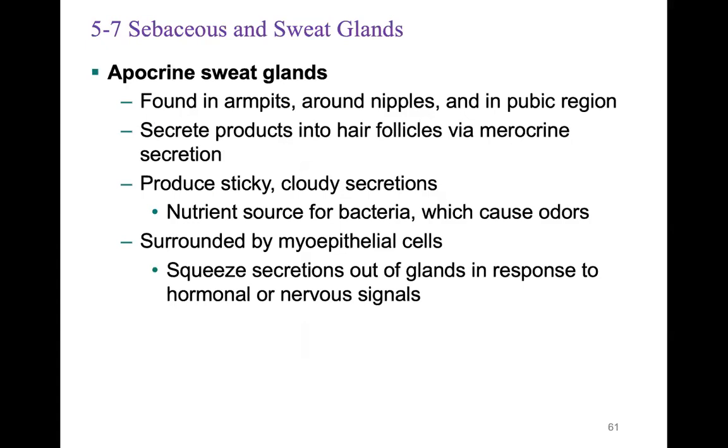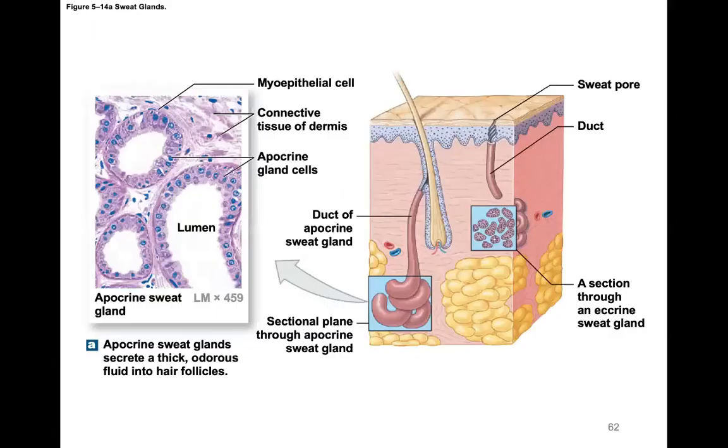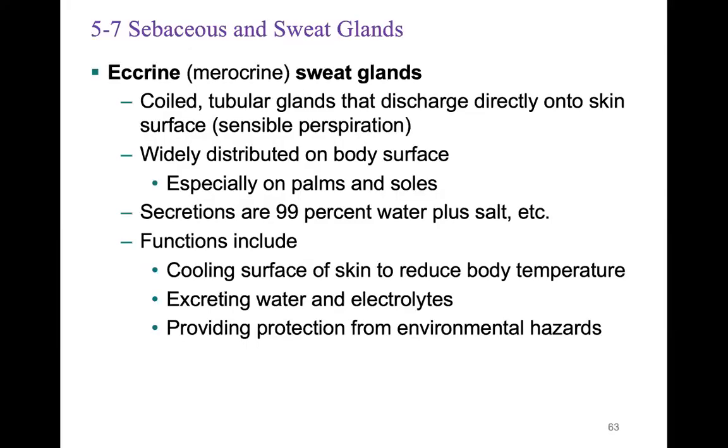And sometimes with the apocrine sweat glands, you actually get sort of an odor from that. The eccrine or merocrine sweat glands, these are widely distributed, and this is really just secreting sweat, which is 99% water plus salts and solutes and things like that.